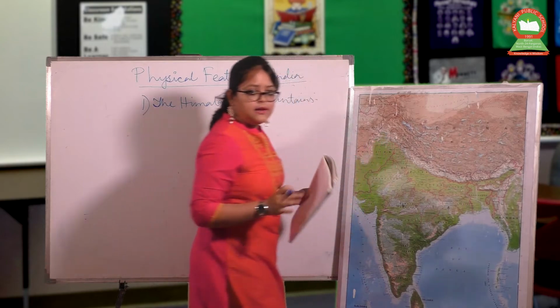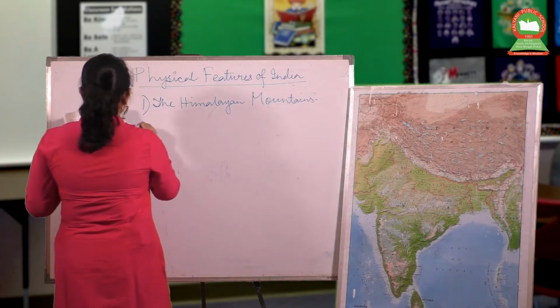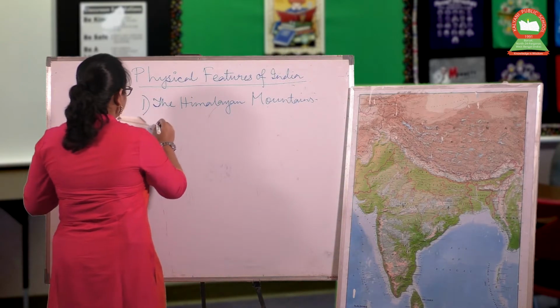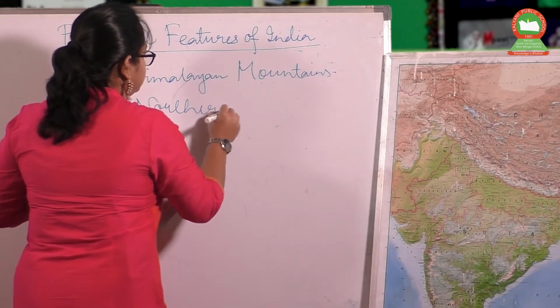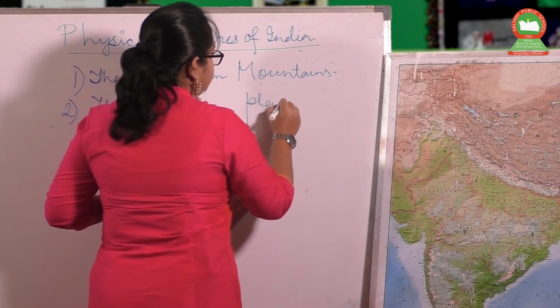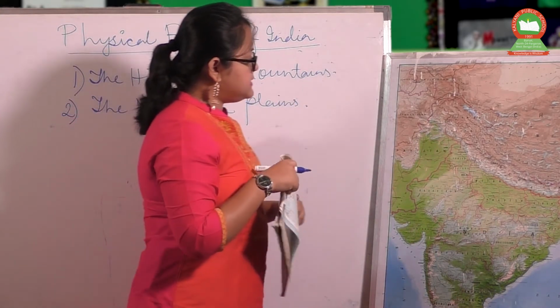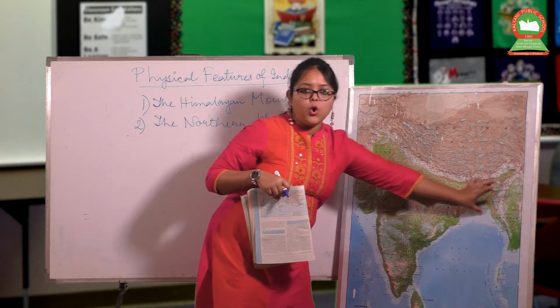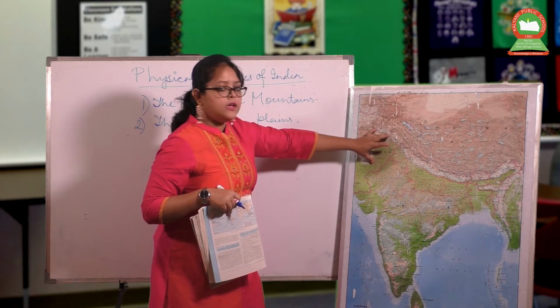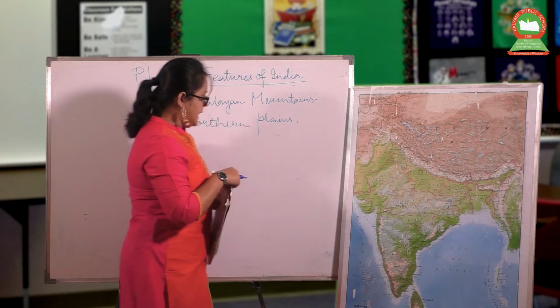Number 2 is the northern plains, which will be found south of the northern mountains. This whole lot of place will be the northern plain.